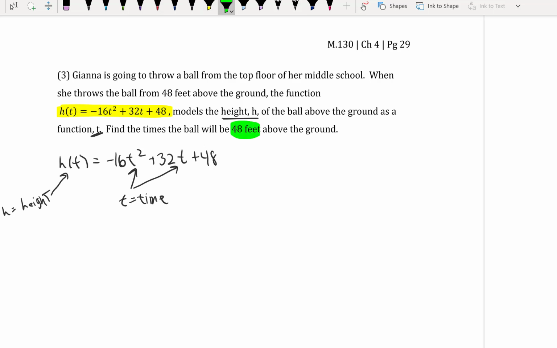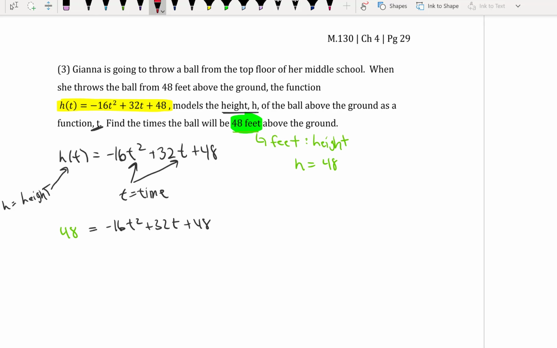So what they give you is this 48 feet. So we know that feet represents a height. So this is what our h is going to equal. It's going to equal 48. So I have 48 is equal to negative 16 t squared plus 32t plus 48.